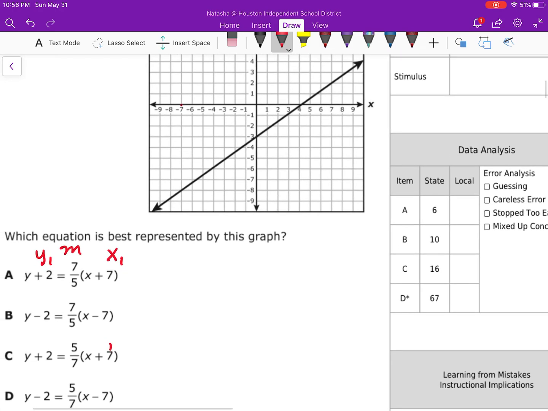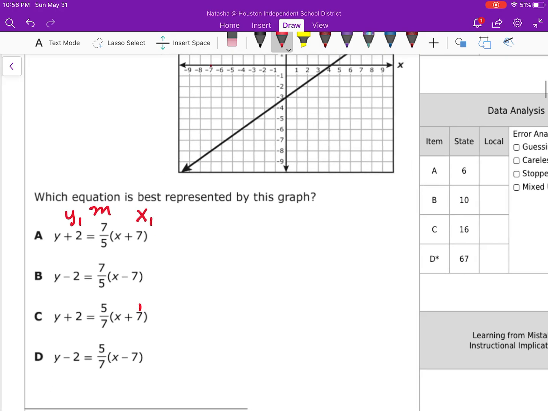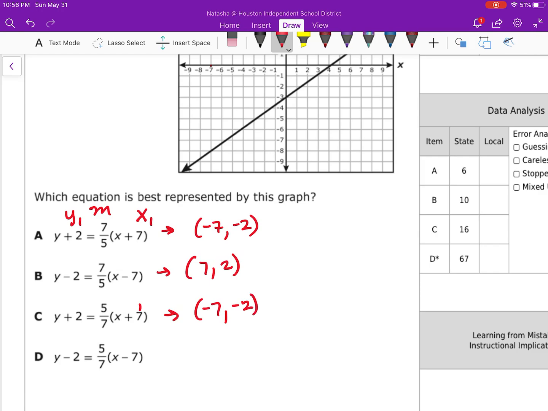I also need to note that it's going to be opposite. So if I pull this point out, this is going to end up being negative 7, negative 2. This point here is going to be 7, 2.